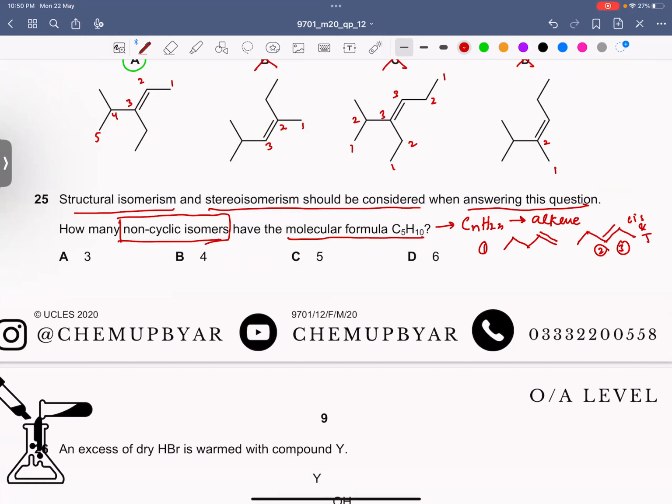Yes. Now, if I further switch the position of the double bond, it still remains on carbon number 2. So that doesn't make any sense. So we got 3 isomers.